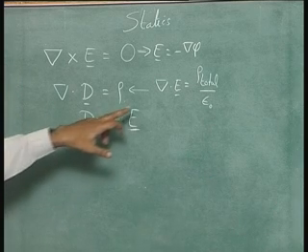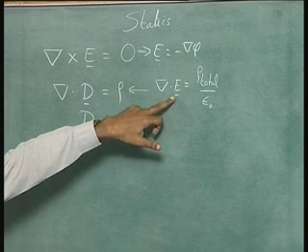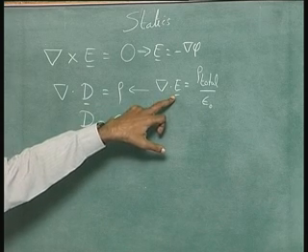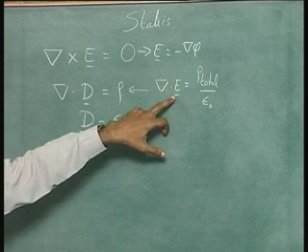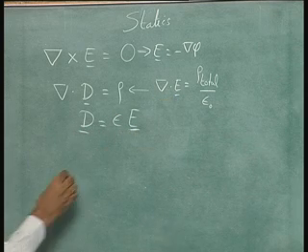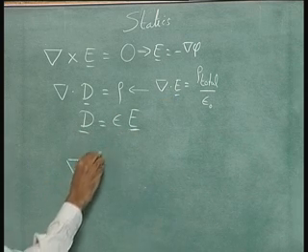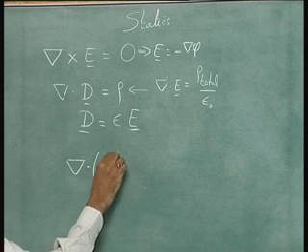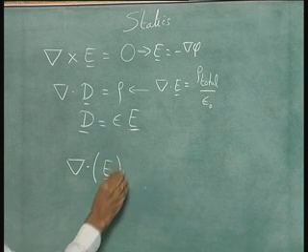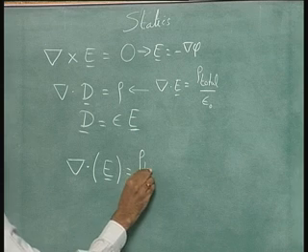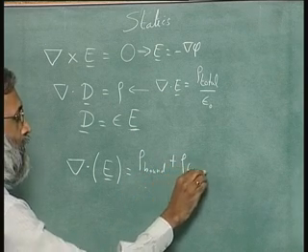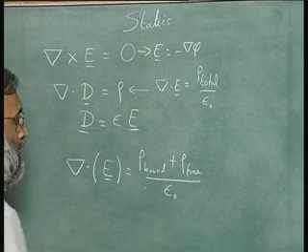But by introducing the concept of induced electric field and saying that the induced electric field is proportional to the electric field itself, we could write this as divergence of E is equal to rho bound plus rho free, divided by epsilon naught.